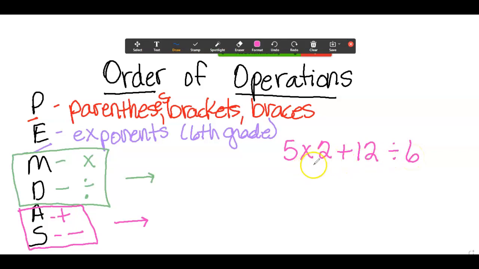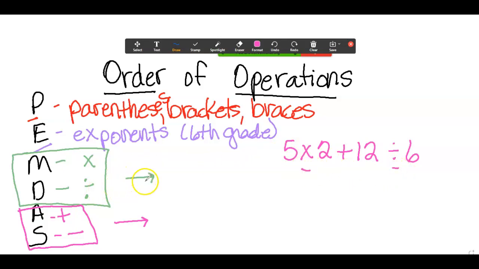All right, so I have 3 operations this time. So I always ask myself, do I have parentheses? Well, I don't see any parentheses in this question. And exponents are in 6th grade. So my next question is, do I have multiplication or division? I do. I have both.